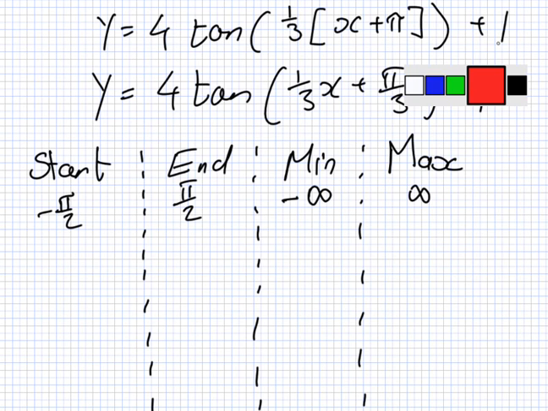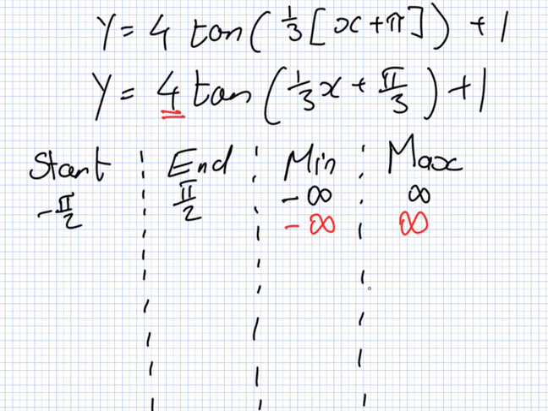Okay, so let's start. The a, what does that do? Normally it expands vertically, so it'll go from minus infinity to infinity. Now it will be the same, it doesn't change.